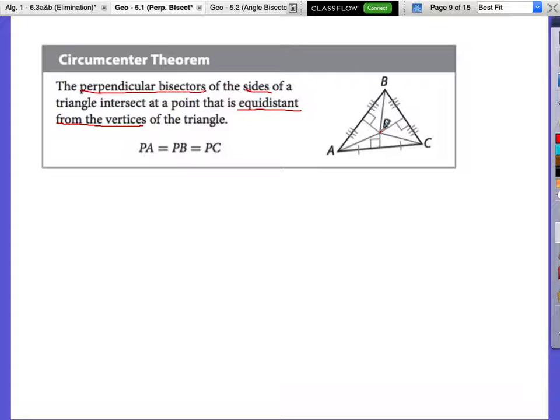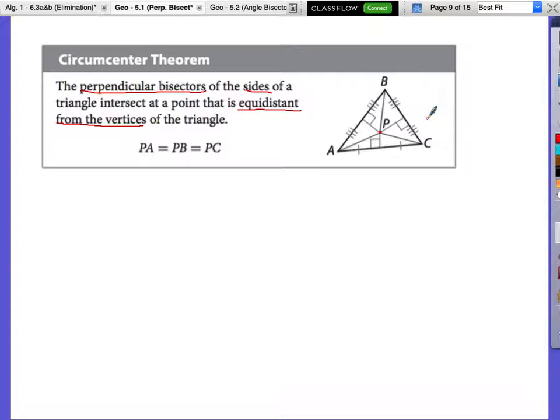They meet at point P, so P is what we call the circumcenter. We'll talk about why it's called circumcenter. The circumcenter, P, is equidistant from each vertex. A, B, and C are the vertices, the plural of vertex, in this triangle. So it's equidistant from the 3 of them. So P is equidistant from A, B, and C.